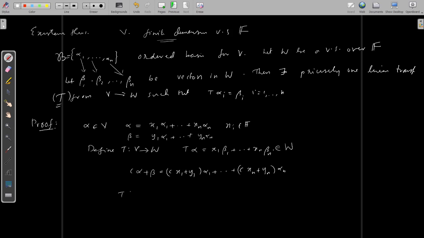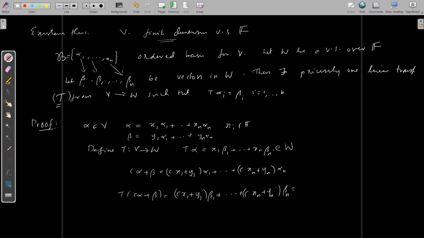Now what is T of C alpha plus beta? T of C alpha plus beta is obtained by replacing this alpha i by this beta i. So that is (C x1 plus y1) times beta 1 plus etc. (C xn plus yn) times beta n.